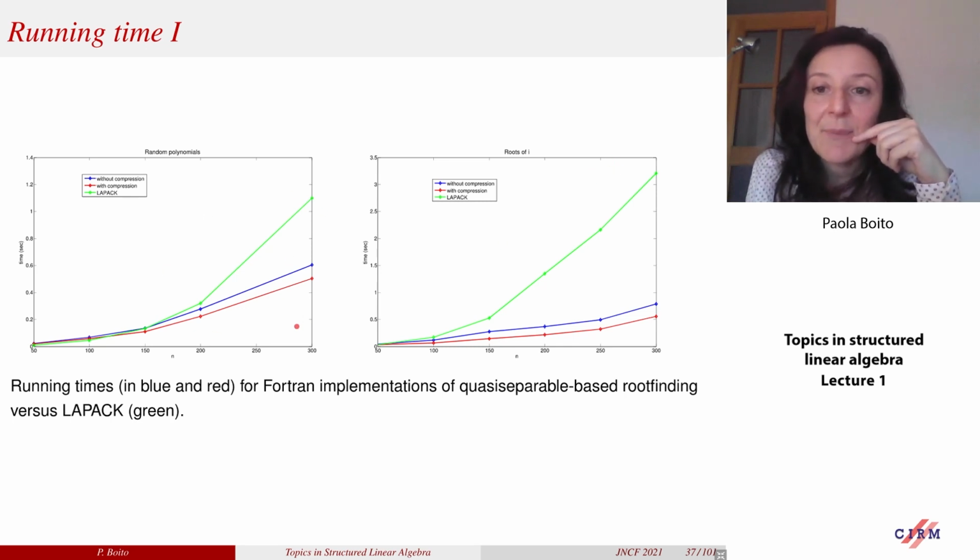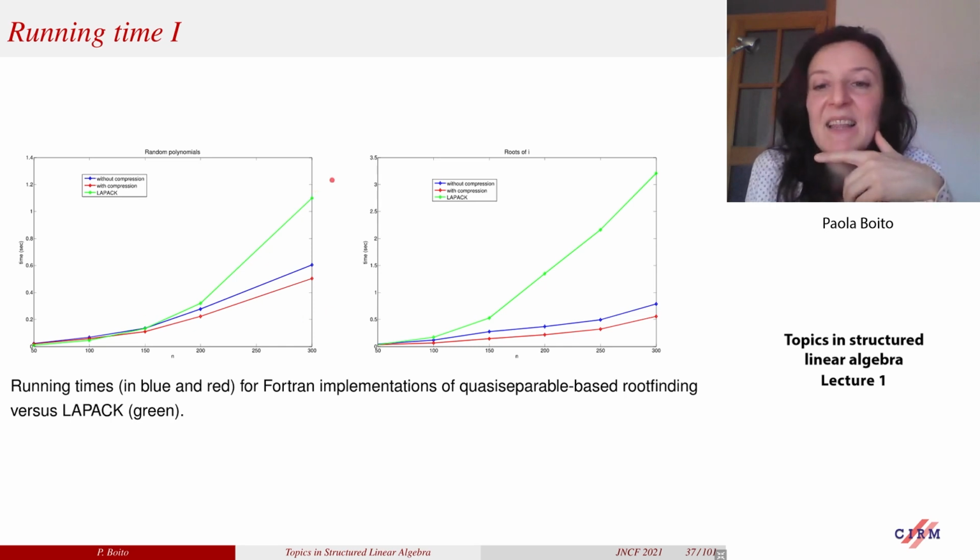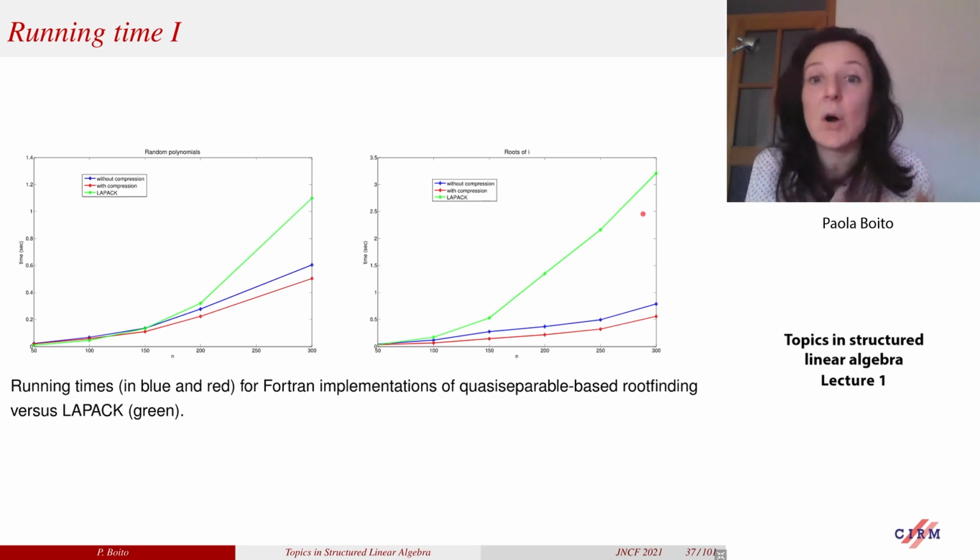In these pictures, you can see in red and blue the timings for structured versions of the QR algorithm for these random polynomials, with degrees that go from 50 to 300. And in green, the timings for LAPACK, a standard general purpose cubic complexity implementation in Fortran.